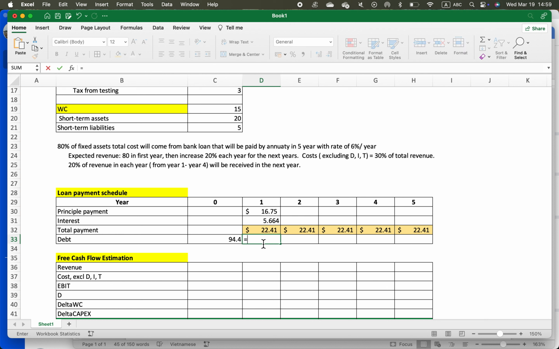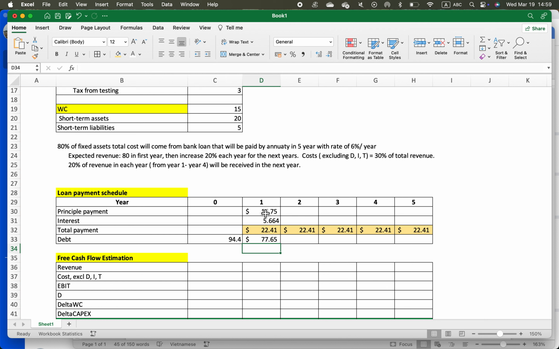So it could be the debt before we make the first principal payment minus the first principal payment, right? This one. Okay, so until now you have every piece of information for the first year of the payment schedule.